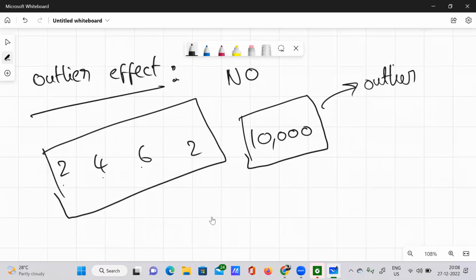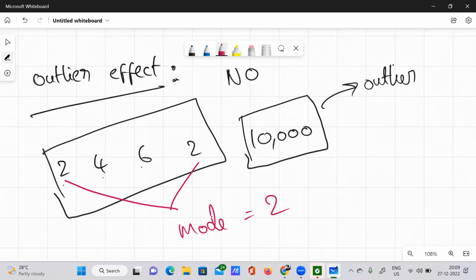Why? Because we have already got the mode, that is 2, which has been repeated 2 times, right? So I can simply conclude that mode is equal to 2, right? There is no impact of this outlier on our data, however huge the number is, we'll still consider the most occurred value, right?